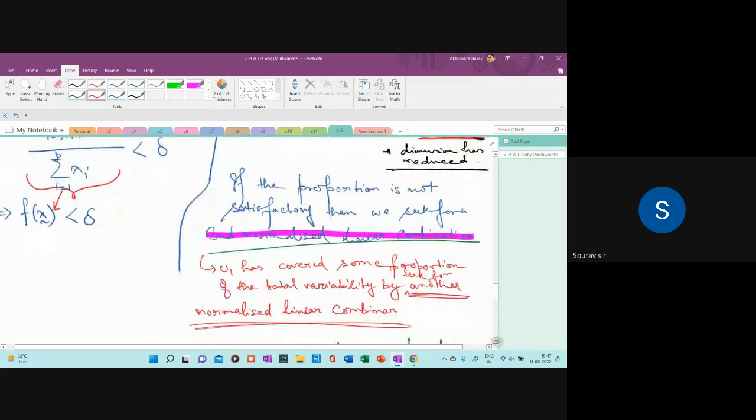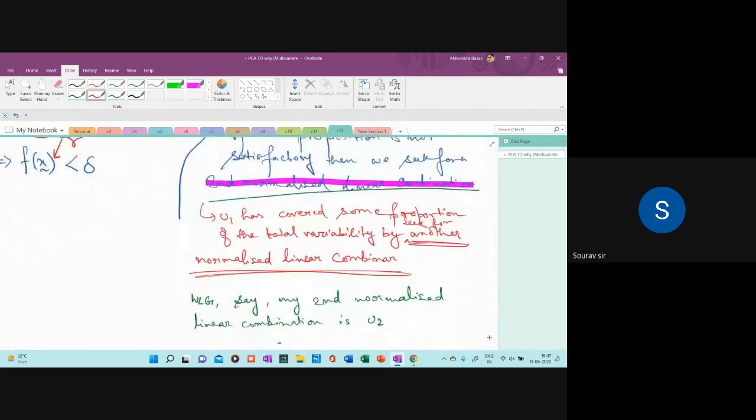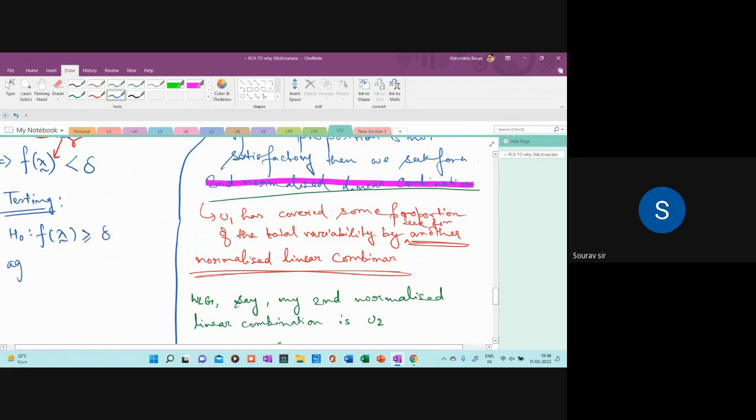Now how we take the decision, we need to go for the testing procedure. This is how we have derived the test statistic. So my testing is basically over here. H naught: f of lambda is greater than or equal to delta, against H1: f of lambda is less than delta.